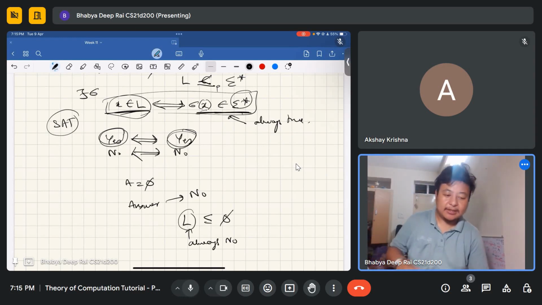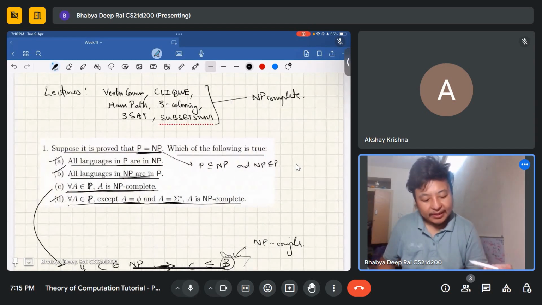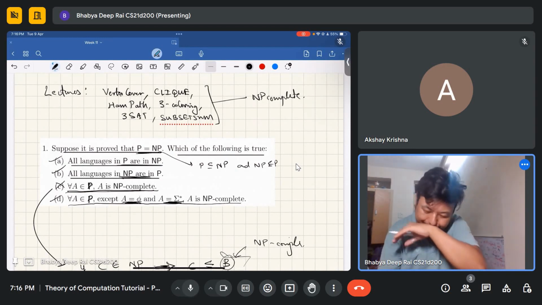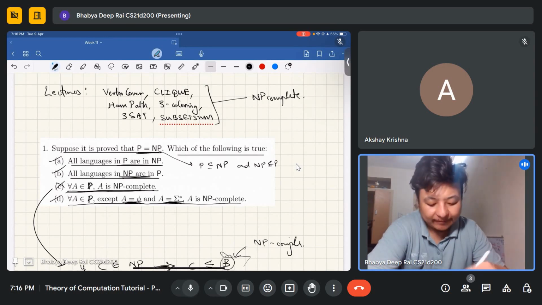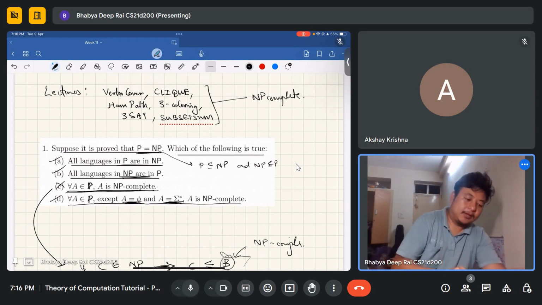So therefore, except A equals phi and A equals sigma star, A is NP complete. So C is wrong. But it is easy to make a mistake here because by definition it makes it seem that C is true. Okay, is this clear?